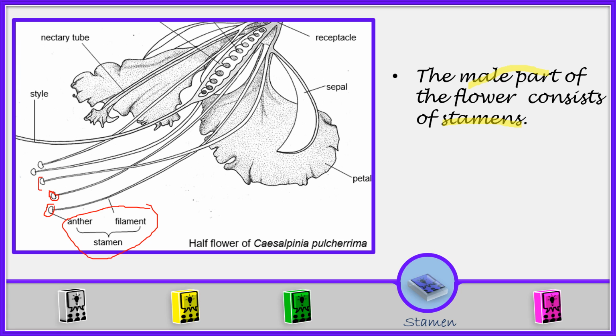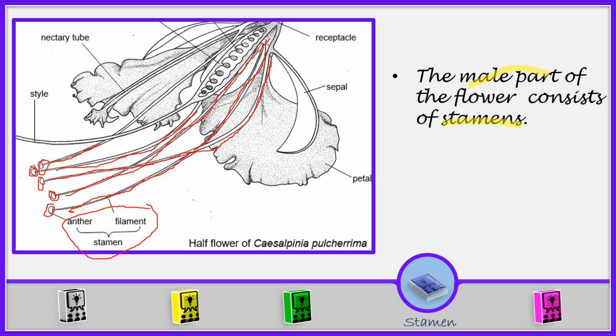Those are anthers. And then it also has the filaments. Filaments are these tubes that you see moving from the anthers and attaching themselves at the base of the flower. So the stamen is made up of the anthers and the filaments.